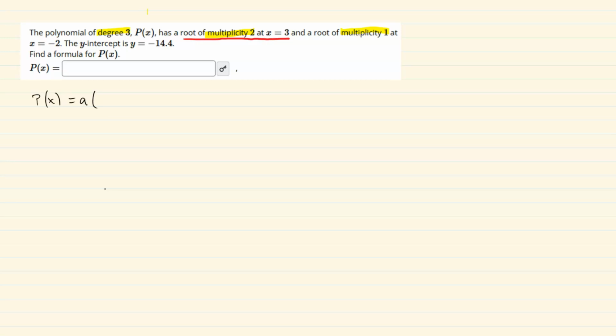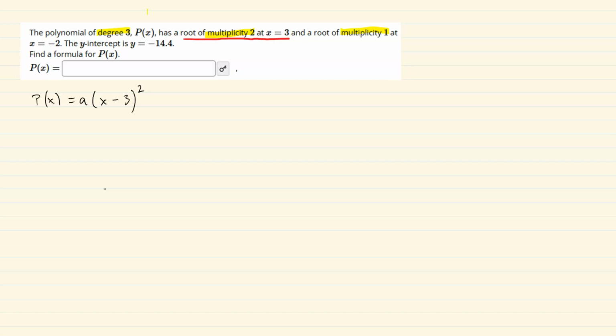We're going to solve for that last. But what we have is the root, it's x minus the root. The root is x equals 3, so it's going to be minus 3. And it has a multiplicity of 2, so that means it's going to be squared. That's the exponent that goes along with that root.